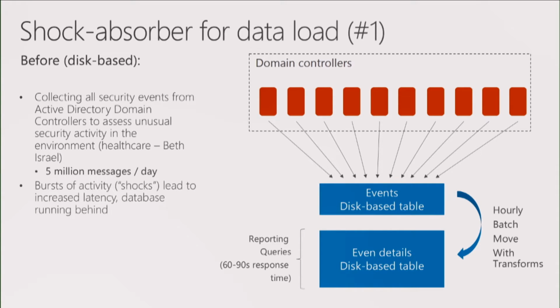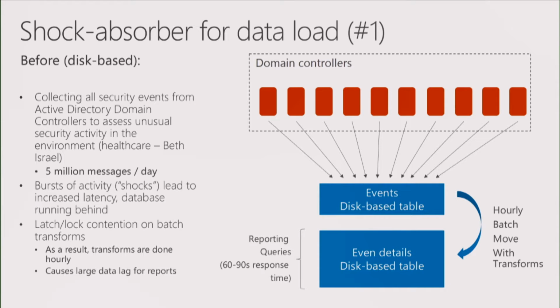Now, what happened was that if there were bursts of activity, this would lead to delays in getting the data into the database. So the database could start running behind if there are these bursts. Another issue was that there was a lot of latch and lock contention when doing these batch transformations from the initial staging table to the final event details table.